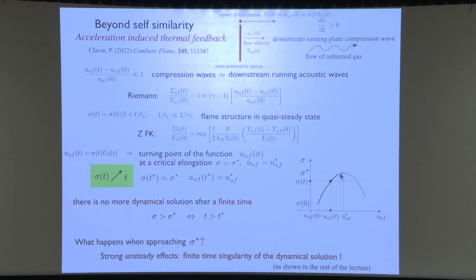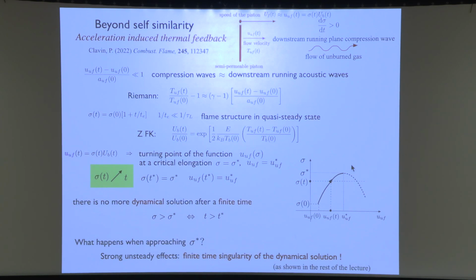a turning point. It turns out that when you take into account the unsteady compressible effect in front of an accelerating flame, you find the same type of turning point.